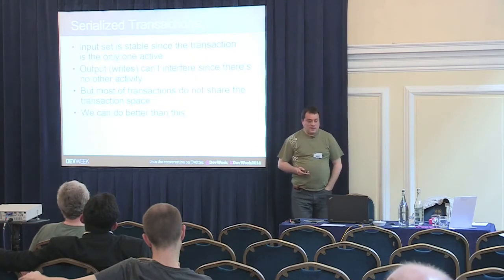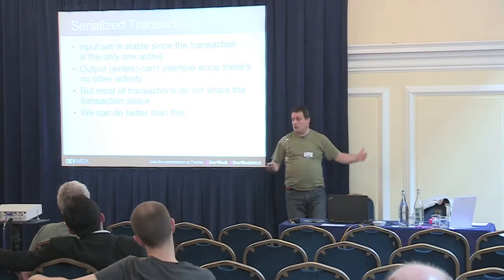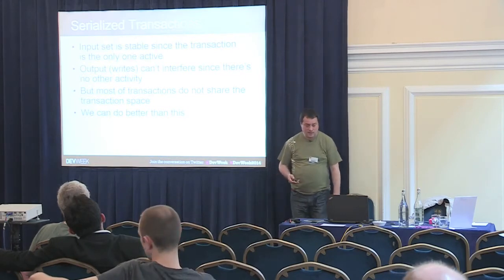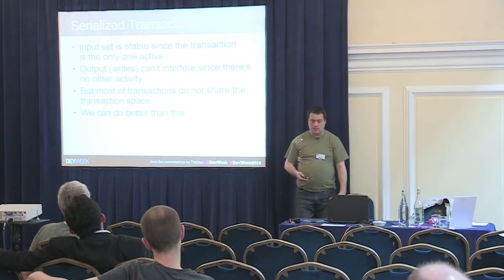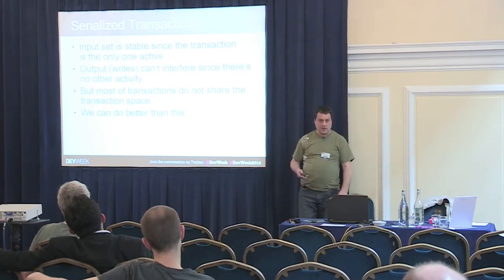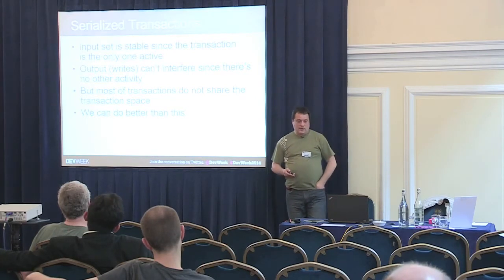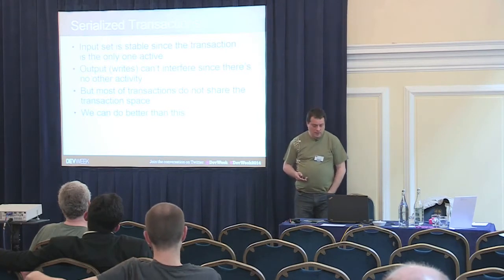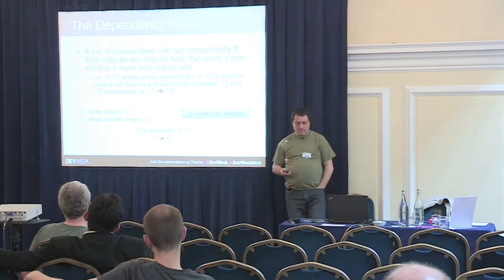So with serialized transactions, input state is stable. The transaction is the only one active on this input state. It doesn't change while the transaction is running, and output can't interfere with inputs of other transactions. There is no other activity in this part of the database. Unfortunately, most transactions do not share the transaction space, so we should do something better than this.